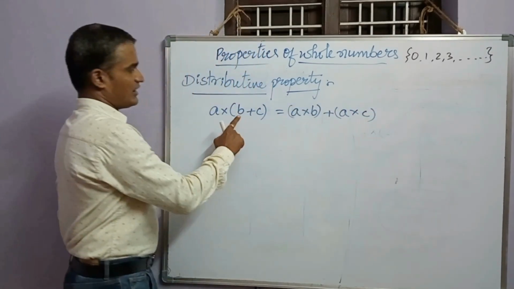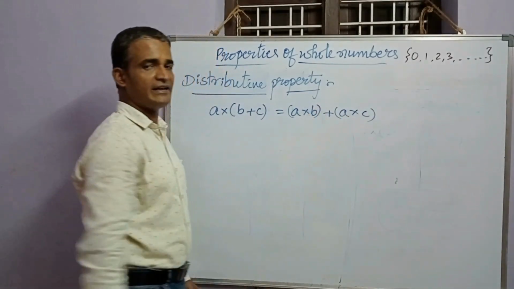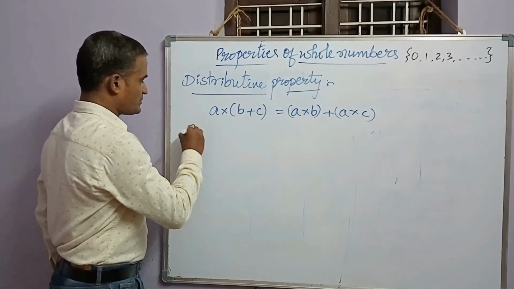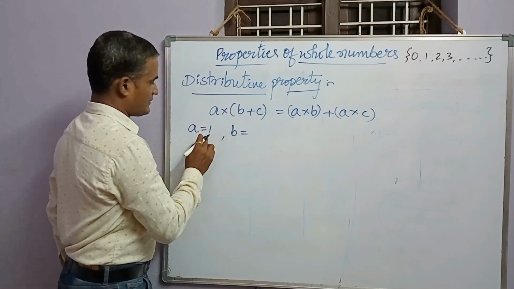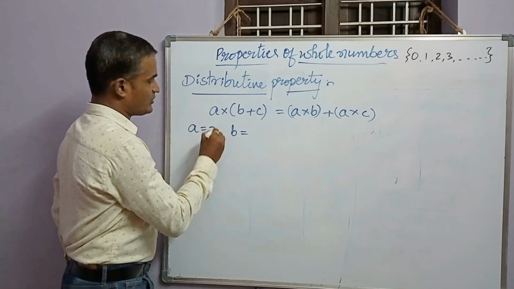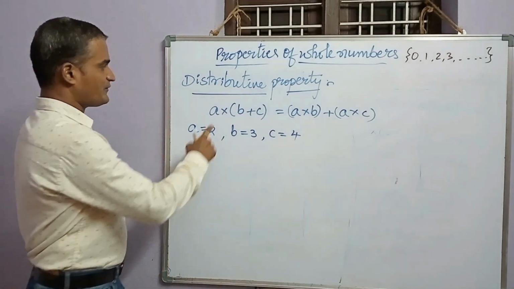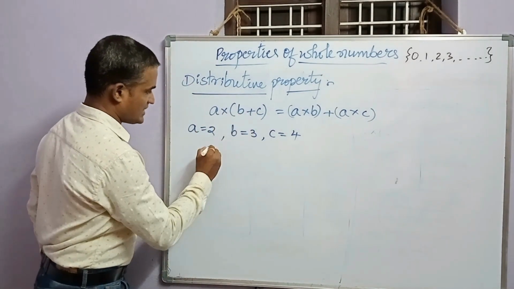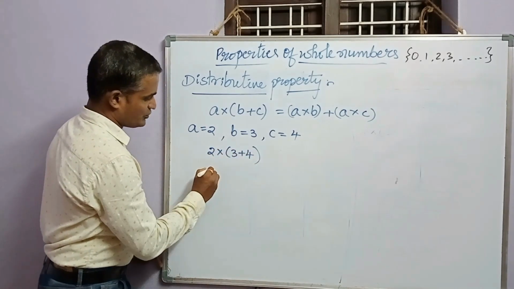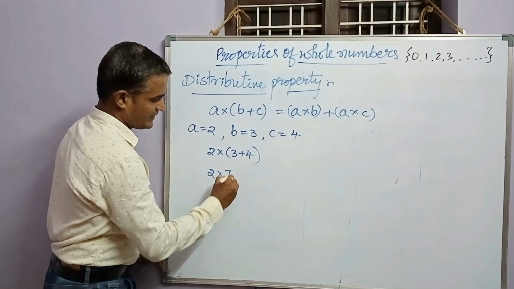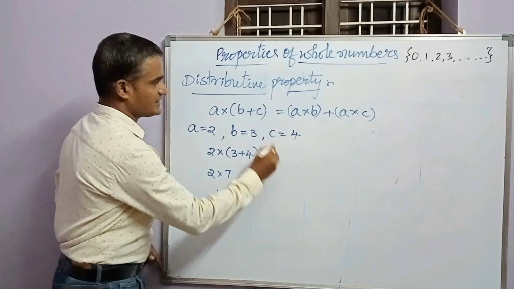You add and then multiply, or else individually multiply and then add; either way the answer is the same. Suppose a is 2, b is 3, c is 4. First we check a into (b plus c): 2 into (3 plus 4). 3 plus 4 is 7, so 2 sevens are 14. This is the left hand side.